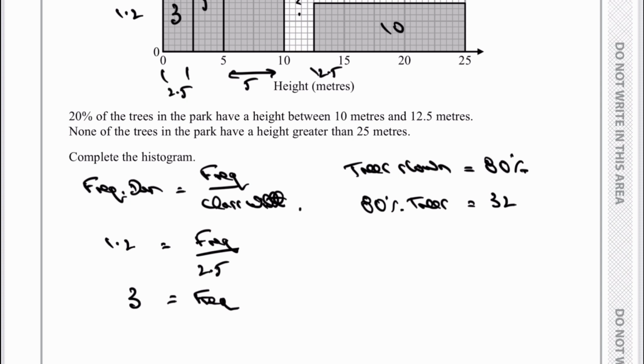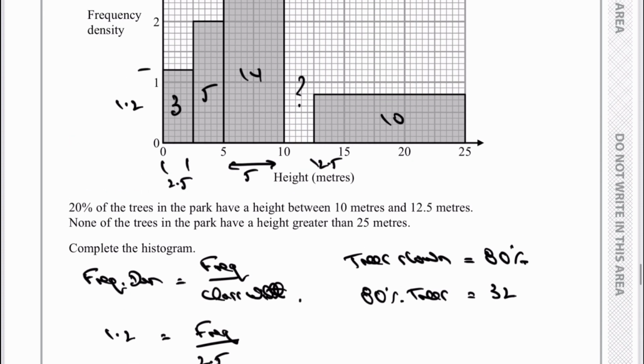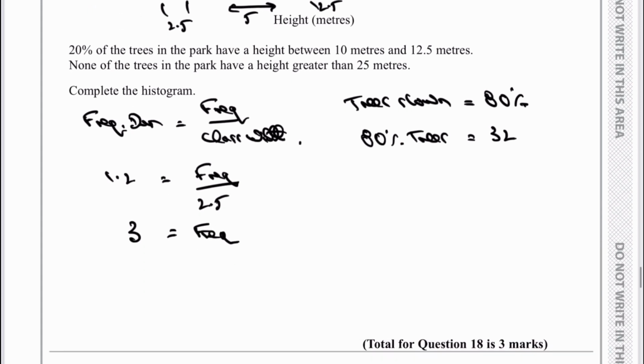If I add up 3 plus 5 plus 14 plus 10, I'm going to get my 32. So I can change that now to a decimal: trees are going to equal 32 divided by 0.8. You might want to work out 10%, then multiply by 10, and that's perfectly fine. But either way, hopefully both of us will get 40 trees in total within the park itself.